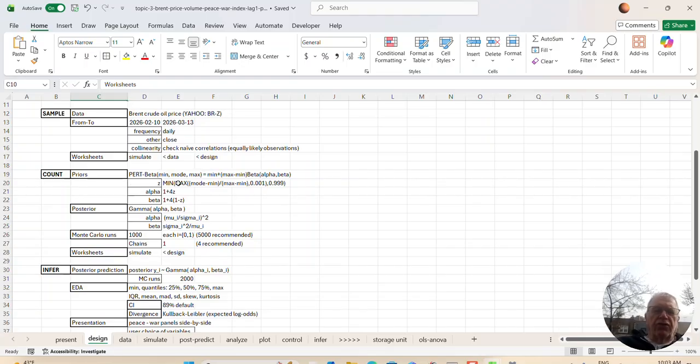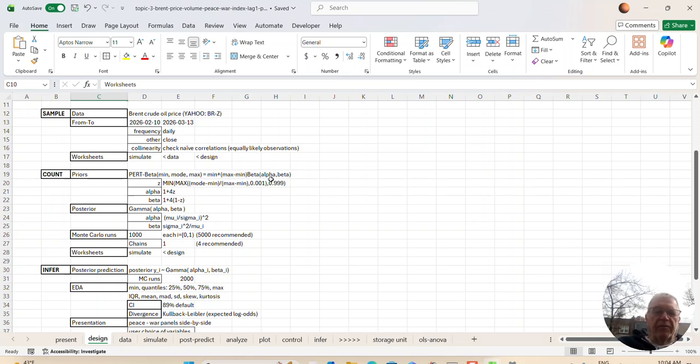Well, first, these are the formulas. It uses min, mode, max. It's the min plus a fraction, beta(alpha, beta), just two parameters, which will give us a number between 0 and 1, effectively a fraction of the difference between the max and the min.